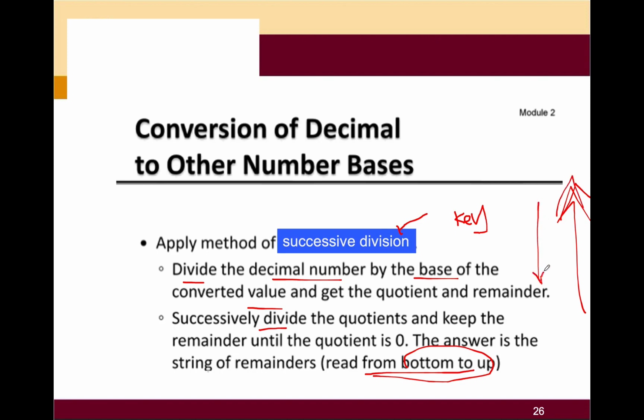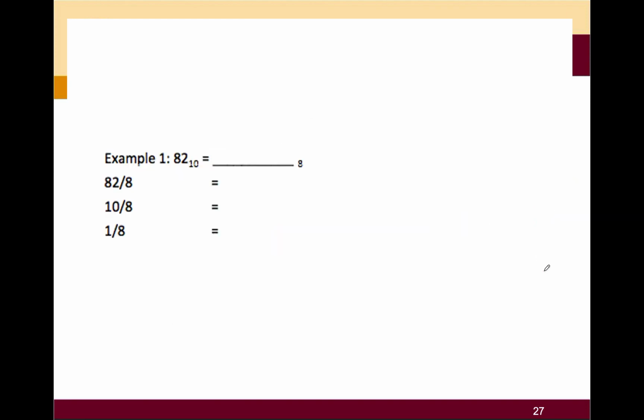After this, you're going to get the up to bottom and so on. So for successive divisions, the key is you need to read the answer from the bottom to up. Okay, let's go deeper into these conversions under successive divisions.